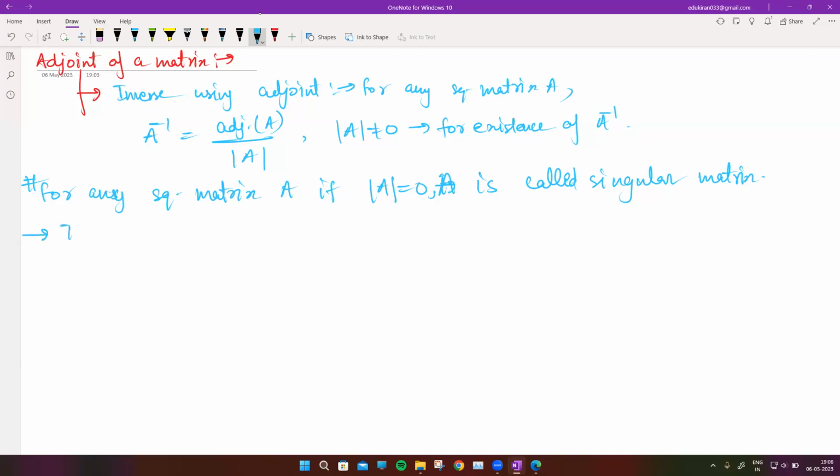So the inverse of a square matrix exists if it is non-singular.